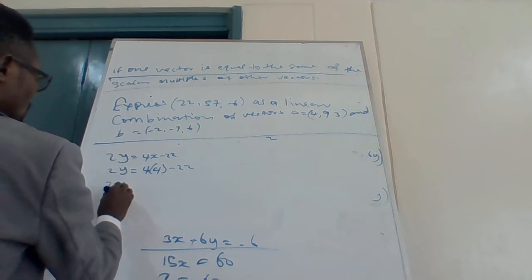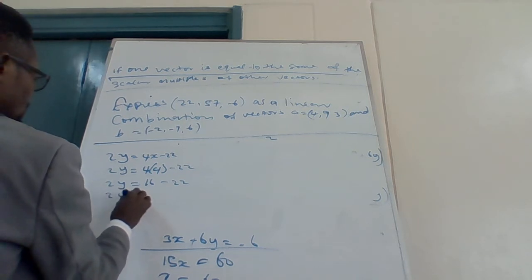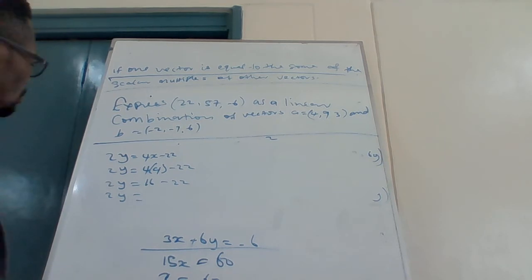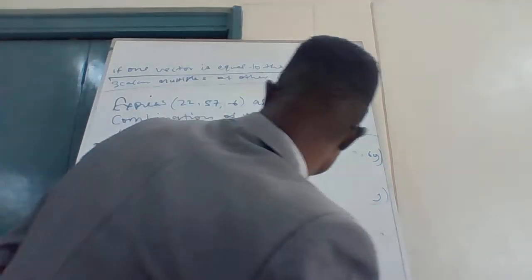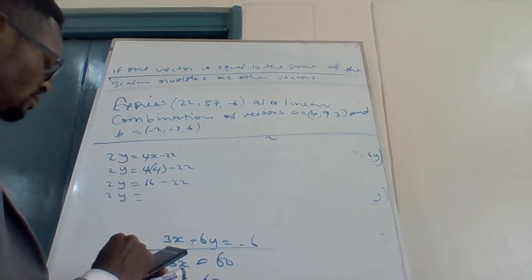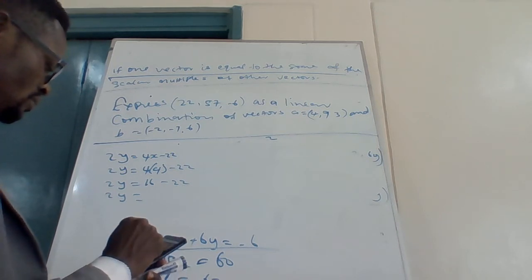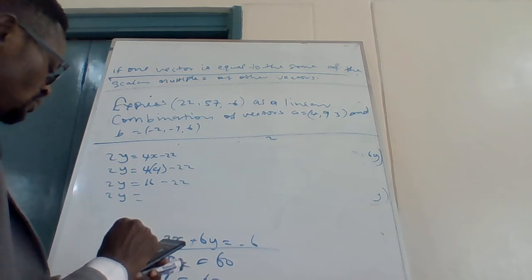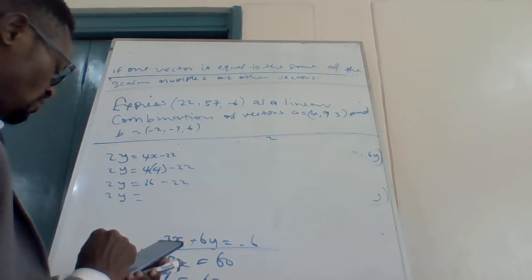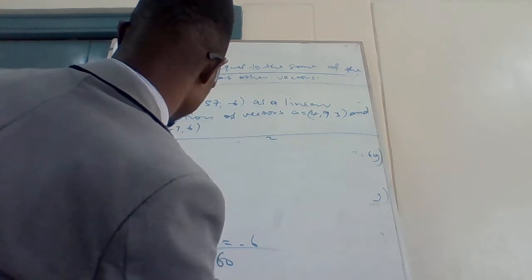This will be 2y equals 16 minus 22. 16 minus 22 is going to give us negative 6.